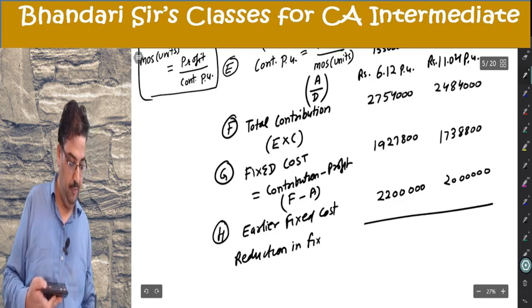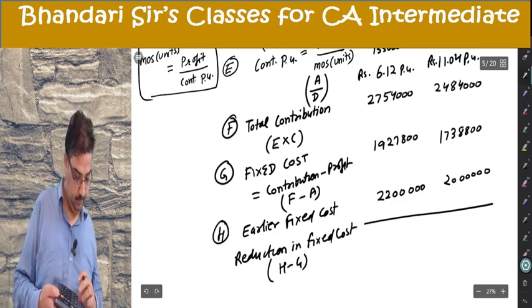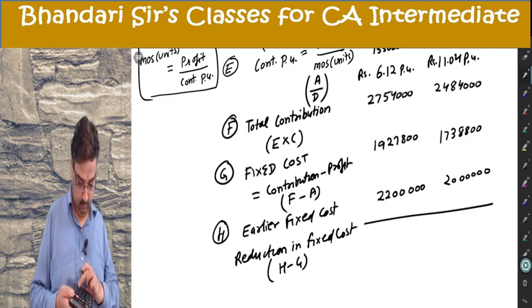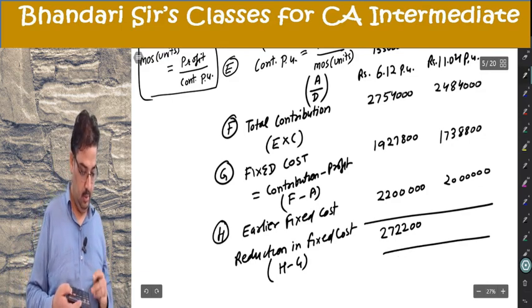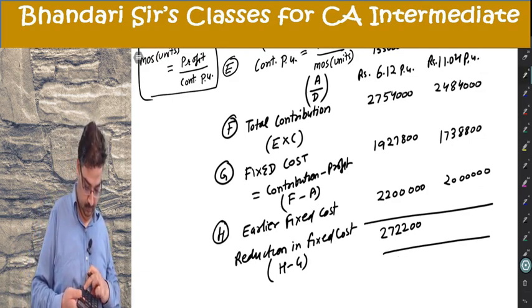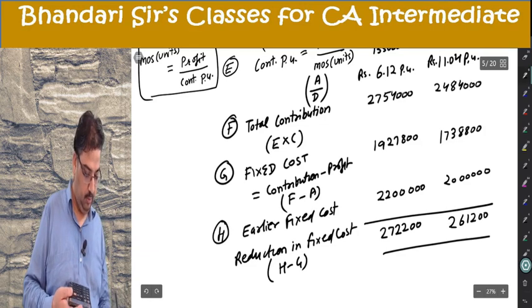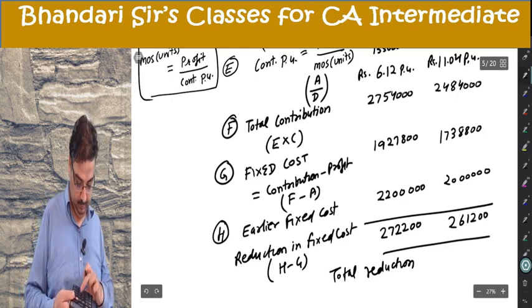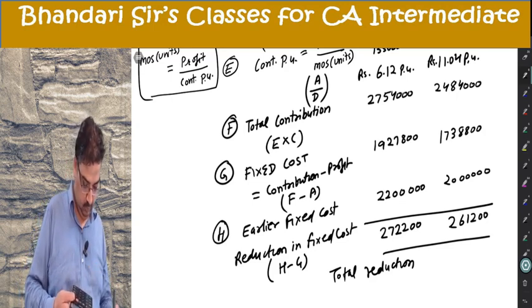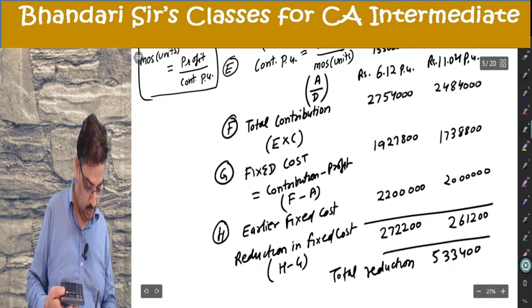Reduction in fixed cost, H minus G: 2,72,200, and 20 lakh minus 173,8800 is 261,200. Total reduction 533,400. Now this is the answer.